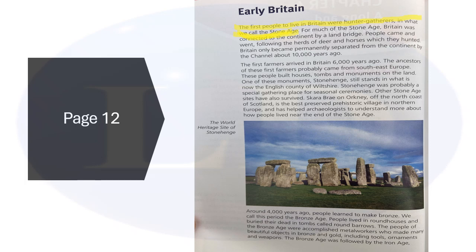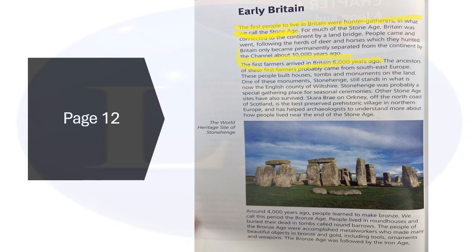Britain only became permanently separated from the continent by the Channel about 10,000 years ago. Then, the first farmers arrived in Great Britain 6,000 years ago.